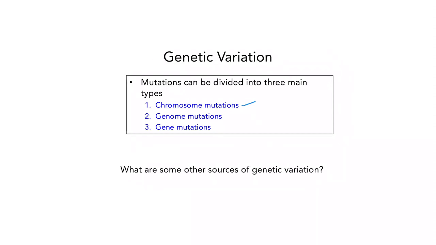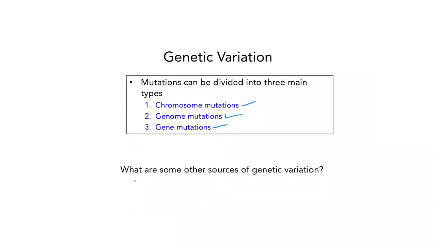Those are mutations at a larger level than what we commonly think of. Genome mutations deal with the numbers of sets of chromosomes or numbers of chromosomes, either cases of euploidy or aneuploidy. Gene mutations refer to point mutations or deletions or additions of nucleotides at the gene level.